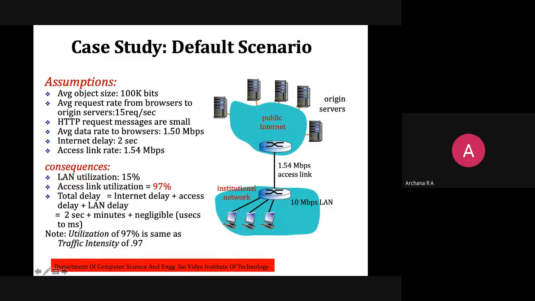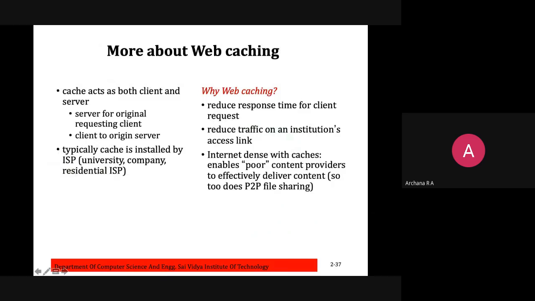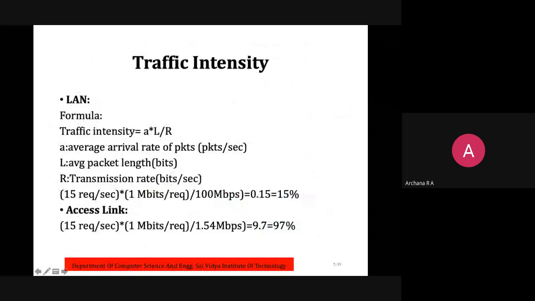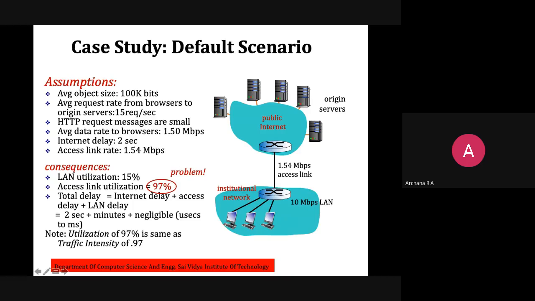That's what we have calculated here. You can see the LAN delay is about 0.15 and the access link delay is about 9.7. That is with respect to minutes. Now here you can calculate the total delay.